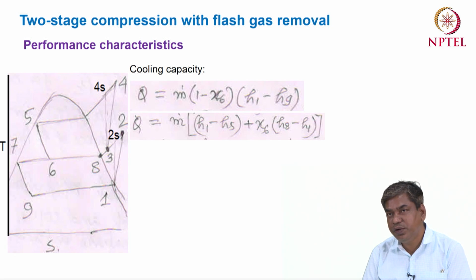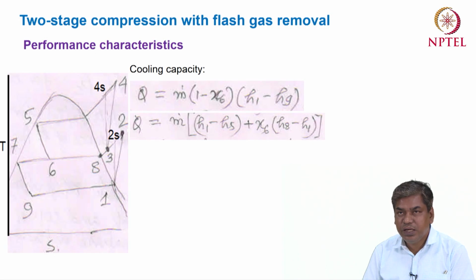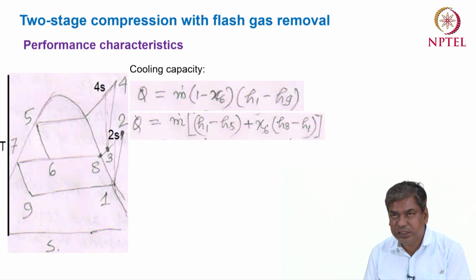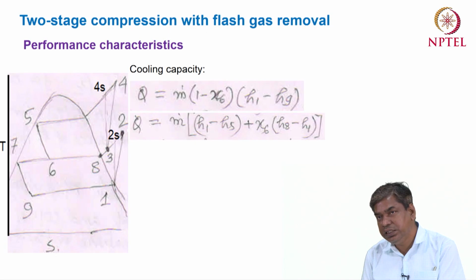So h1 minus h5 represents the enthalpy change of the evaporator in the single stage system. That's why m dot into h1 minus h5 represents the cooling capacity for the single stage system, plus we are getting h6 into h8 minus h1.